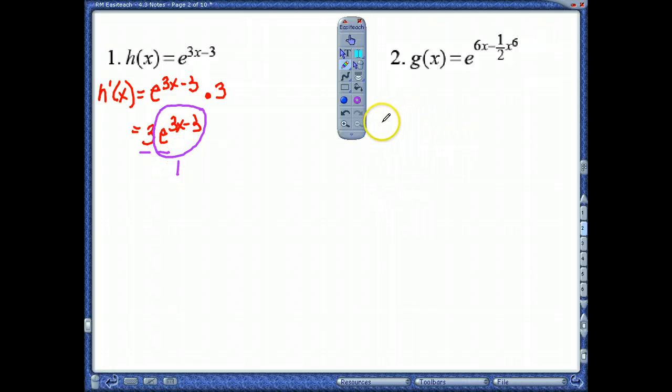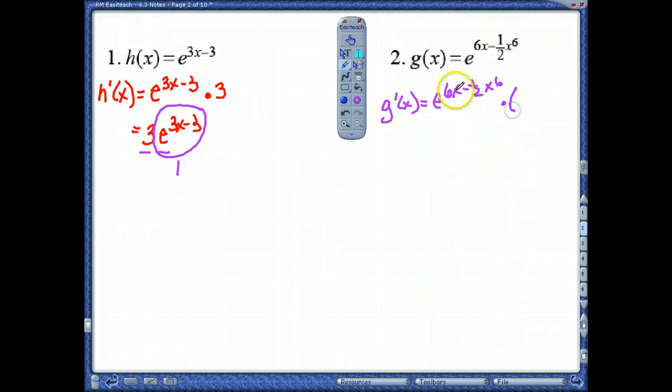All right, so number 2, we've got an exciting exponent. We've got 6x minus 1/2 x to the 6th power. So when we go to take that derivative, we're going to start off exactly the same way every single time. We are going to rewrite that exponential as is, don't change a thing, and then you're going to multiply it by the derivative of its power.